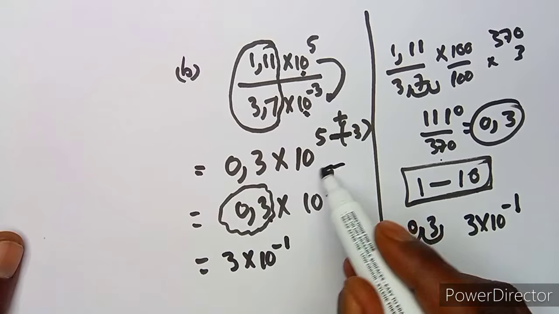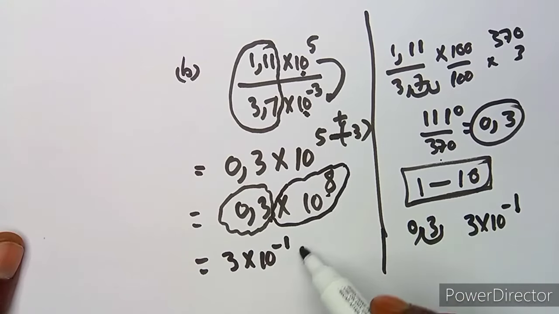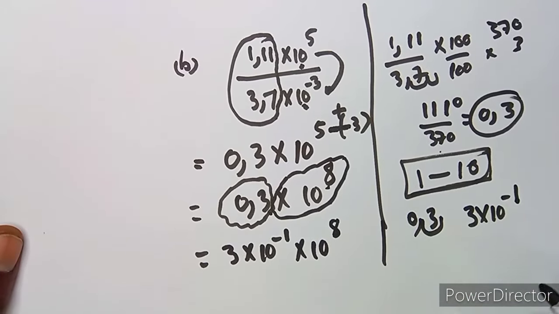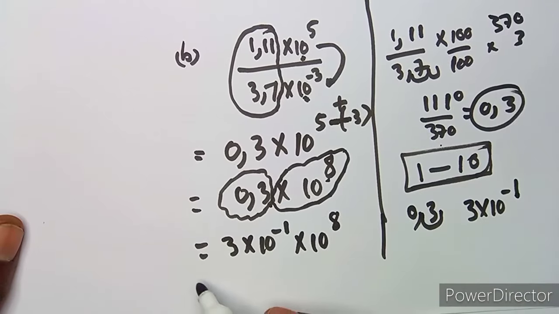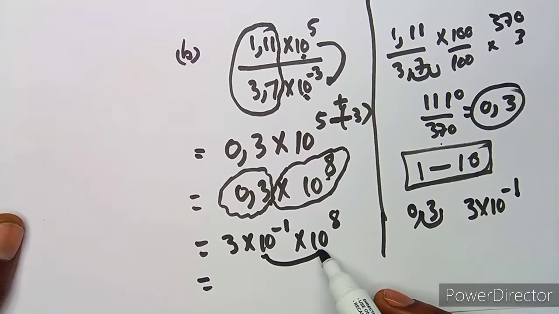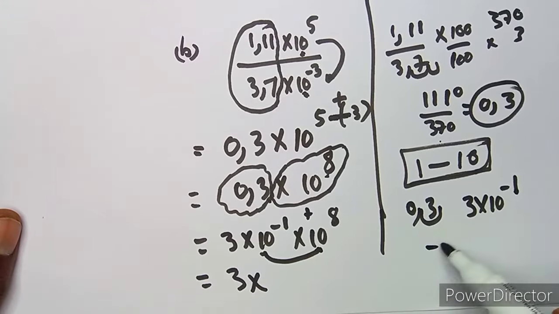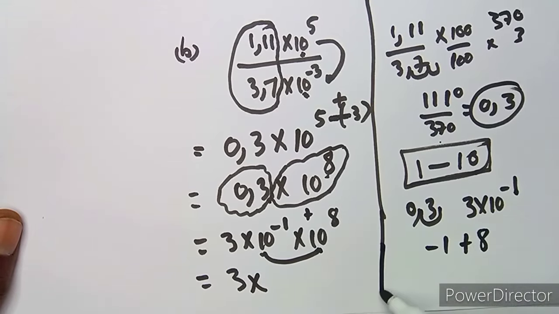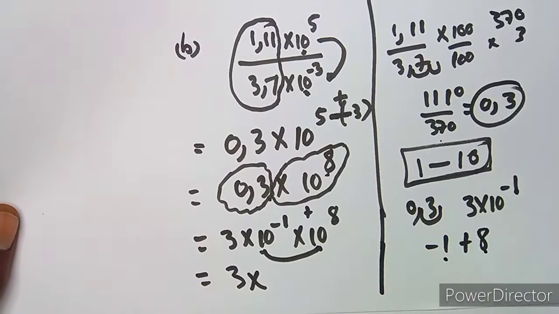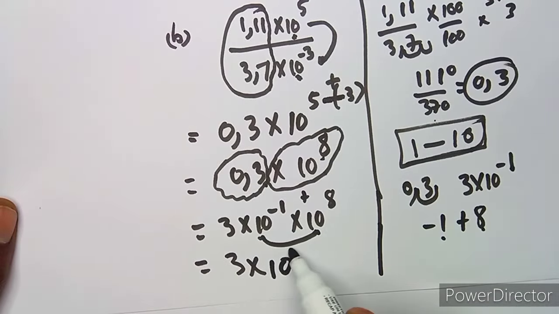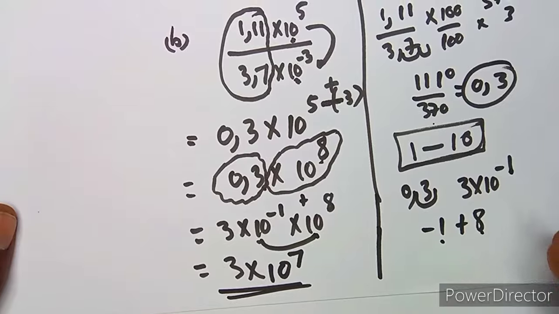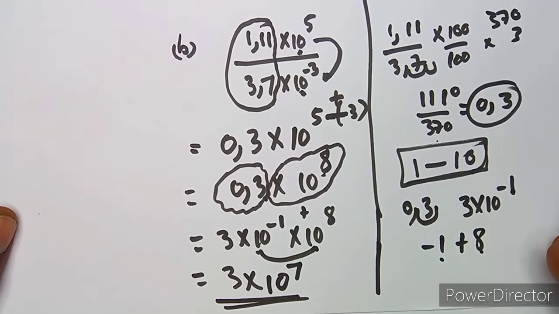But there was already a base of 10 to the exponent of 8. So you're back again to say base and base, these two are multiplying each other. Definitely I have to add exponents, which is negative 1 plus 8, which is 7. So that's going to give us 3 times 10 to the exponent of 7 in this case.